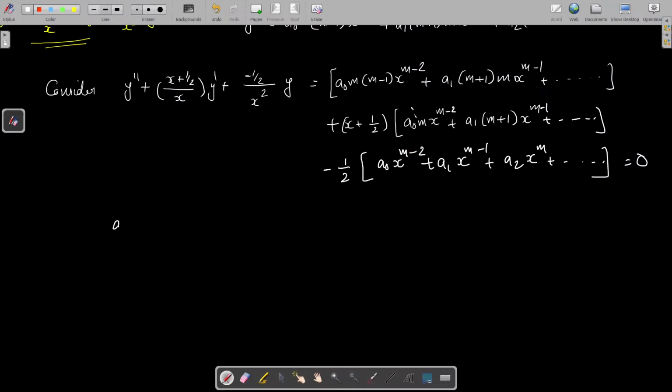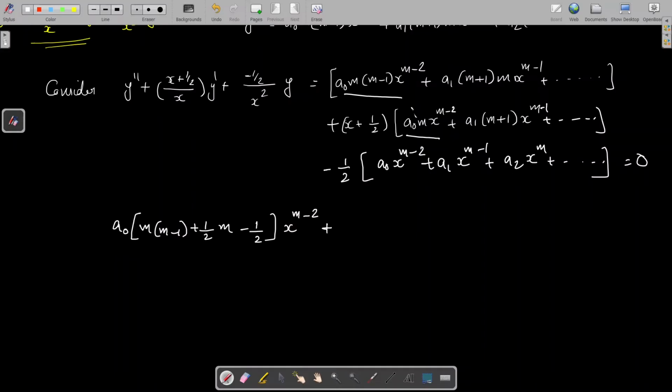So let us write it in this way. A naught is a common factor for all these terms. A naught into m into m minus 1, that is a term here. Then plus half into m, that is a term here. Then minus half, the whole into x raised to m minus 2. Okay, these are the terms with x raised to m minus 2.